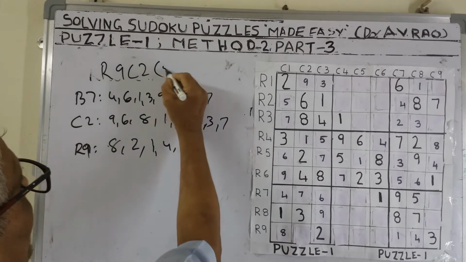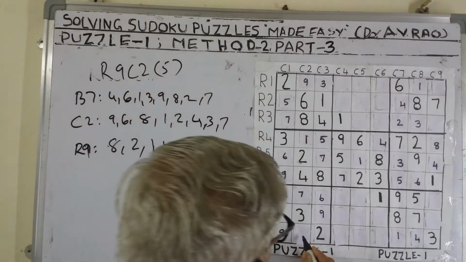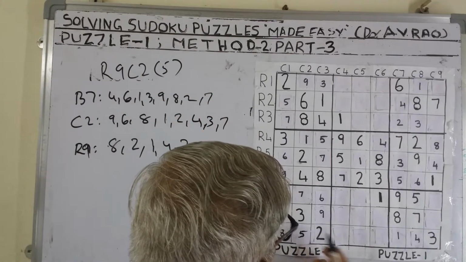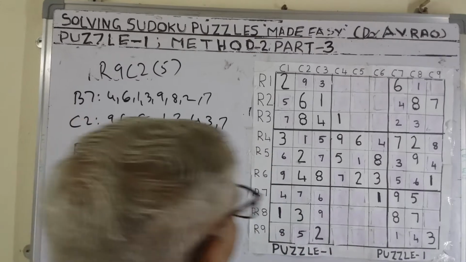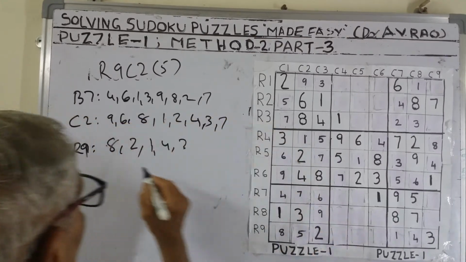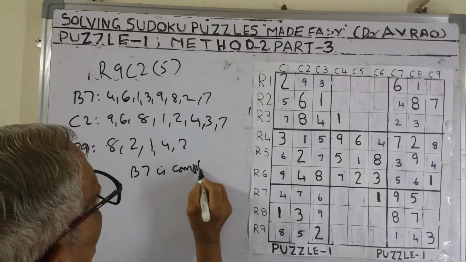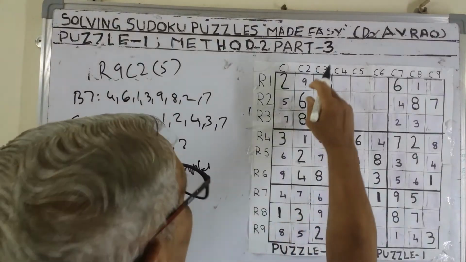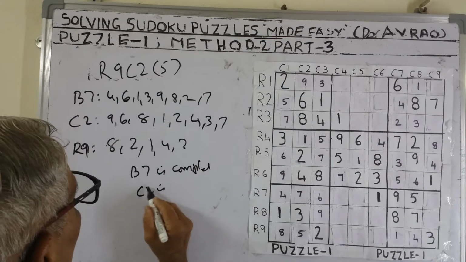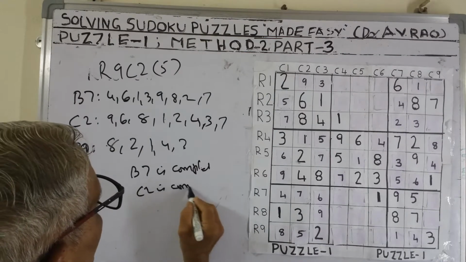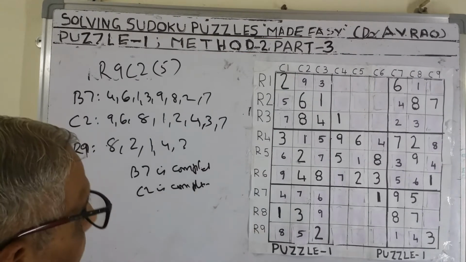So R9 C2 must be filled with 5. Friends, this box 7 is completed. Similarly, column C2 is also completed.